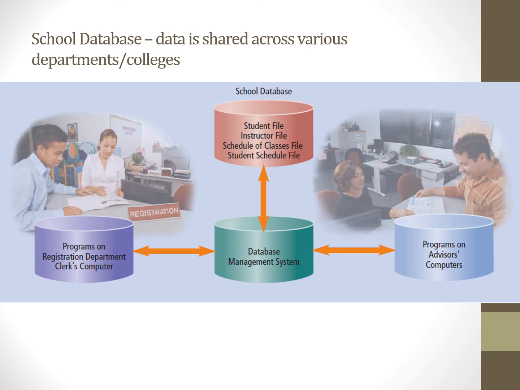So in this case, you actually have centralized data. You only have a single source of data. So if ever the registration department updates any record of a student, what the other departments would be able to see is the updated record of that particular student, and that makes things much easier for the organization to work together.